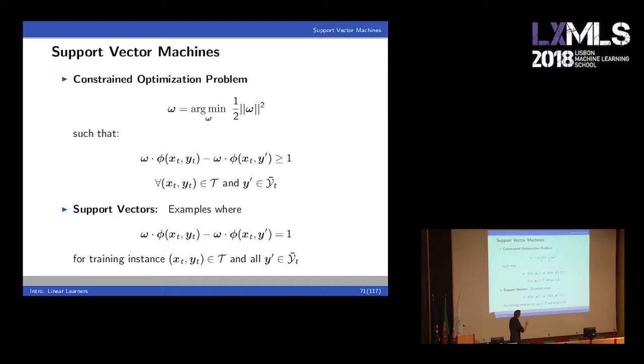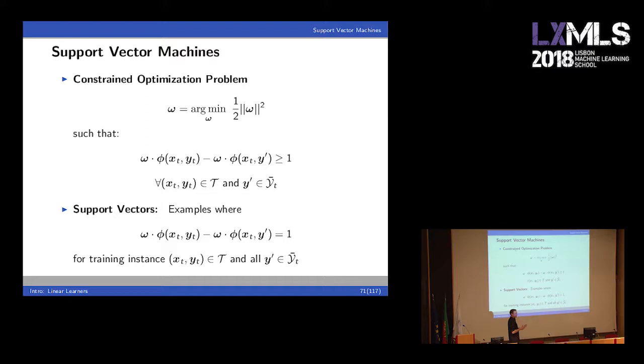Just to explain why those things are called support vector machines. What's the vector, what's the support? By vectors you mean the feature representations or the input data. This is the vector, and the support vectors are the examples where the margin is exactly 1.